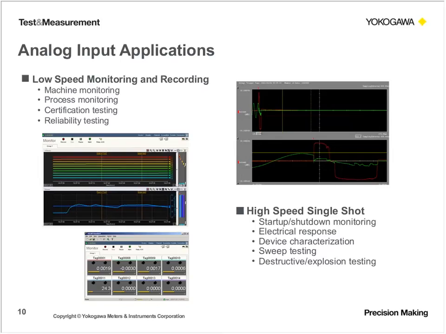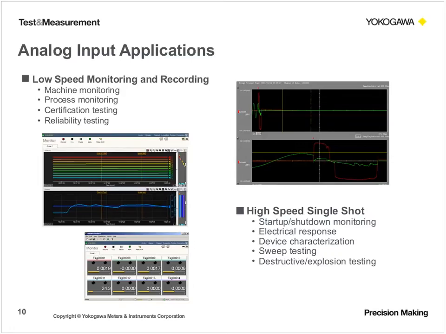Now, the last way I want to classify data acquisition is by the type of application that you're working with. You'll notice that I classified analog input applications into two categories here. The very first one is your low-speed monitoring type application. Maybe you're trending some sort of temperature or analog voltage signal.